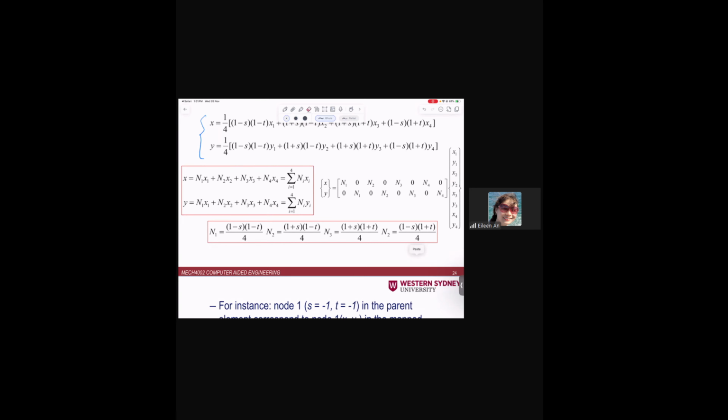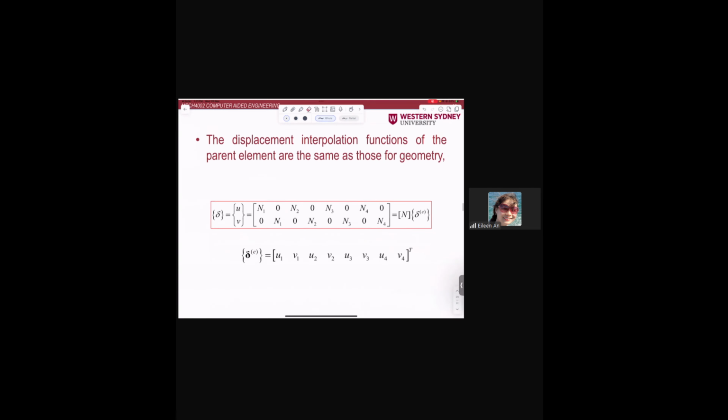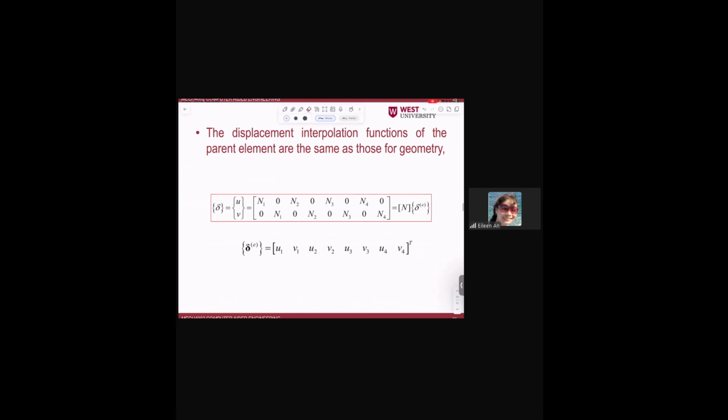And this is how we convert st to xy. Okay. Then when we do the calculation of displacement, it depends.